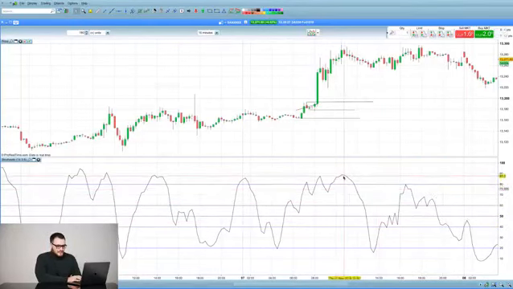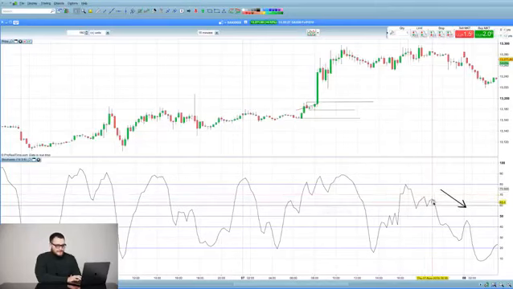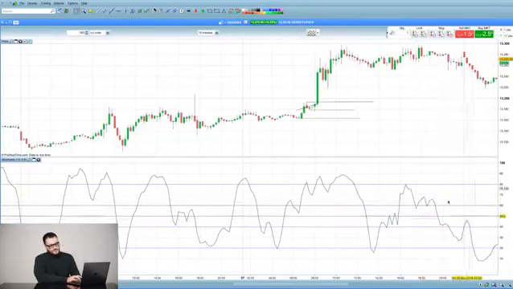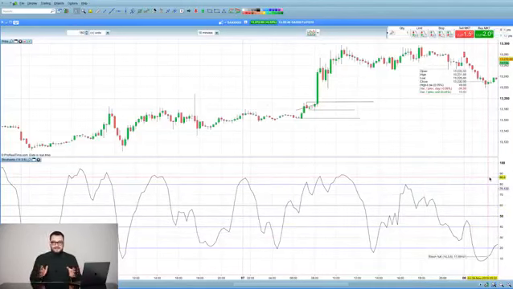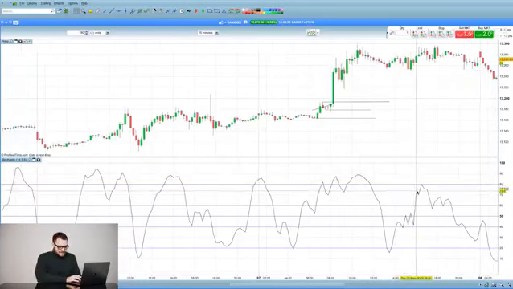And do you see what is happening? This peak is lower than this one. This one is lower than the previous one. This one is lower than the previous one. And this one finally is lower than all of them. And this is also the kind of structure that I love to see in stochastic. I call it the stairs. I love seeing stairs in stochastic. Stair down, stair down, stair down, and a stair down.